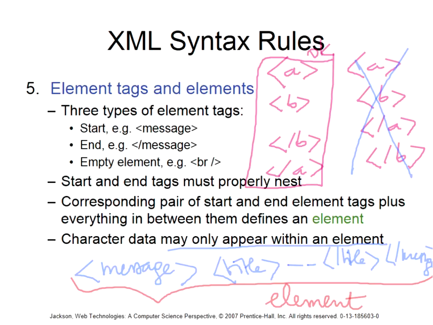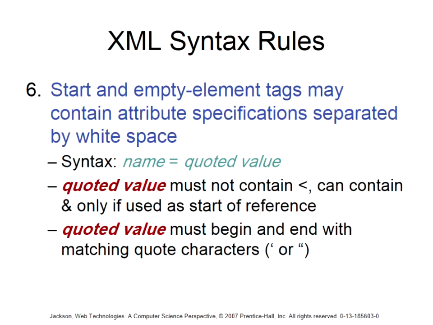Okay. The third point, character data may only appear within an element. So for example, we have here A. This is a character data, and end A. This is B. This is a character data, and end B. We cannot find a character data here outside.